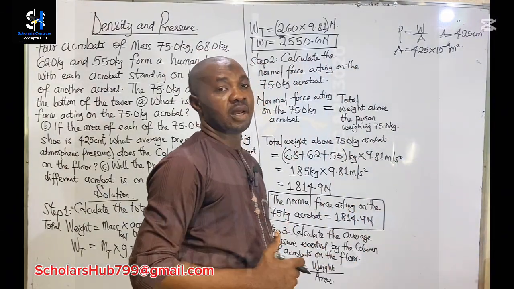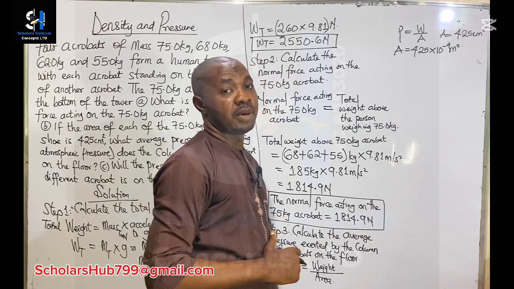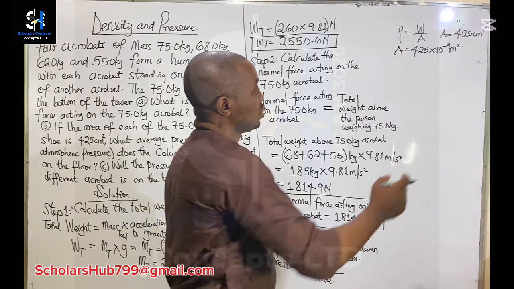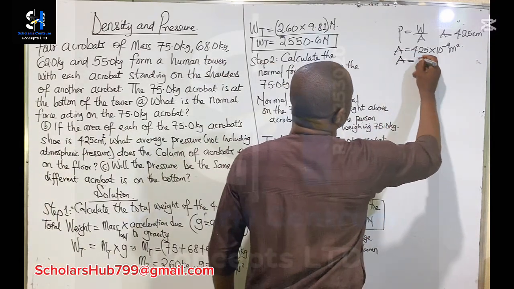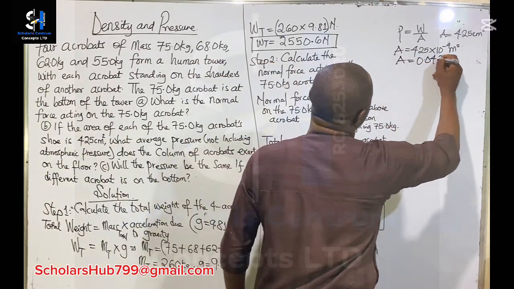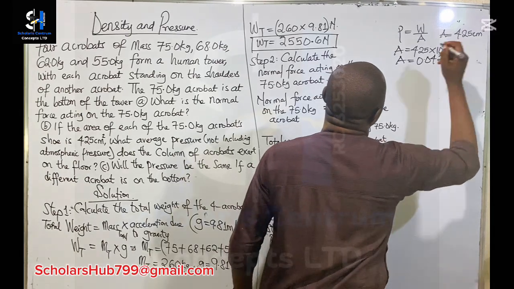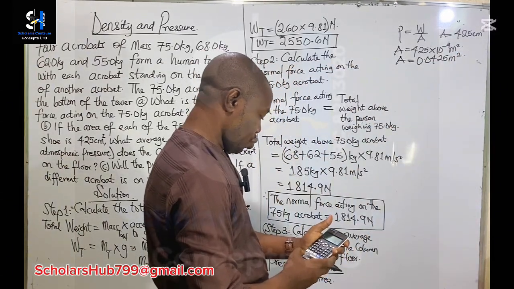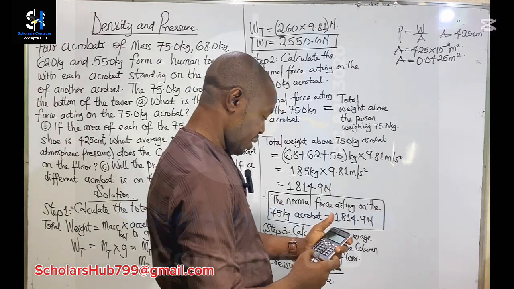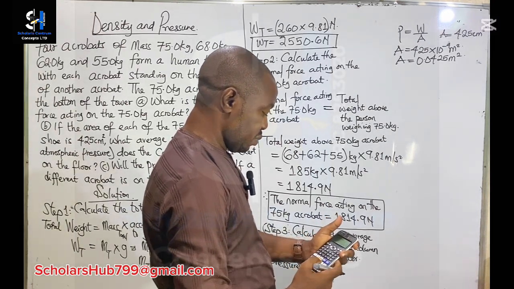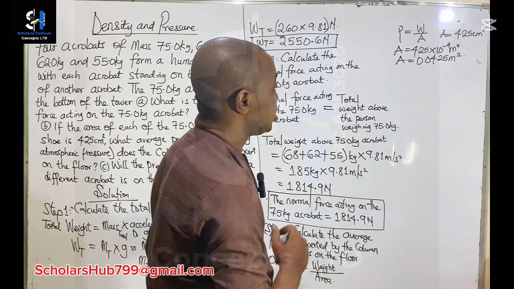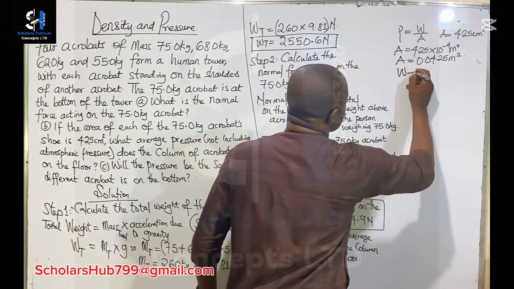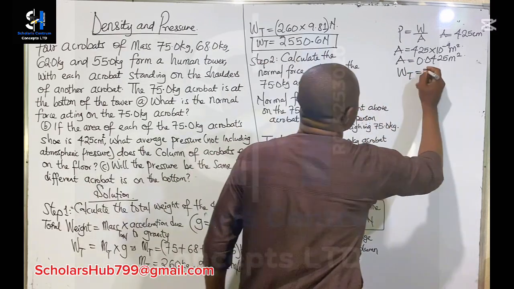You have to multiply the values of centimeters by 10 raised to the power of minus 4. So this will be 0.0425 square meters, that is 0.0001 multiplied by 425.